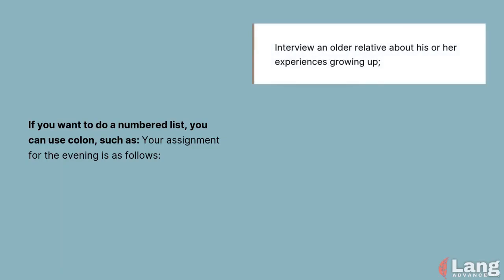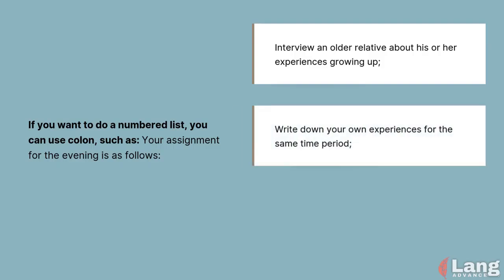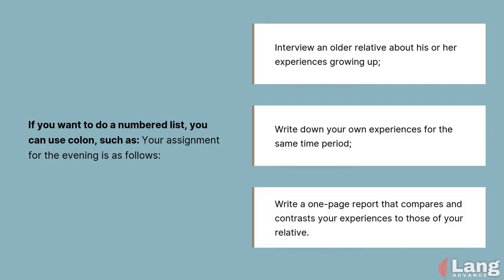Interview an older relative about his or her experiences growing up. 2. Write down your own experience for the same time period. 3. Write a 1-page report that compares and contrasts your experiences to those of your relative.